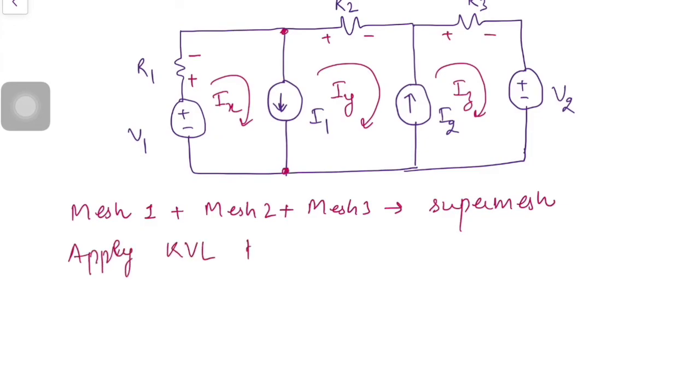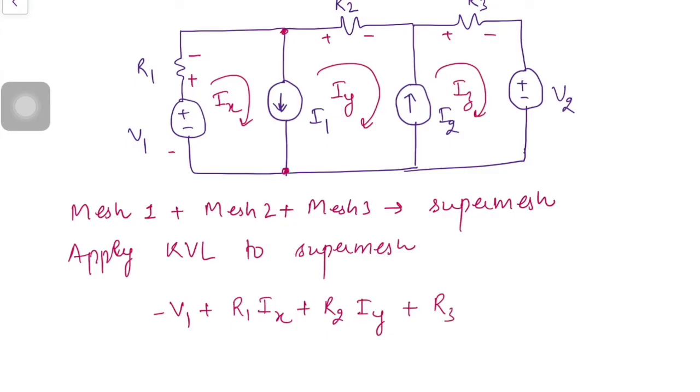Apply KVL to the supermesh starting from V1: minus V1 plus R1 into Ix plus R2 into Iy plus R3 into Iz plus V2 equal to 0. So this is the one equation which we get by applying KVL.